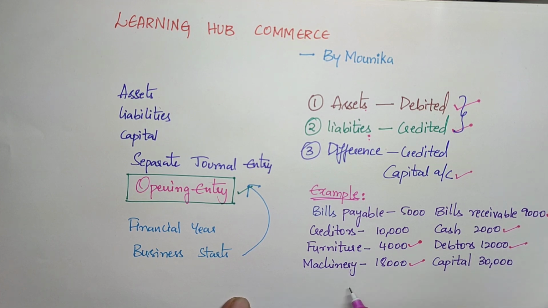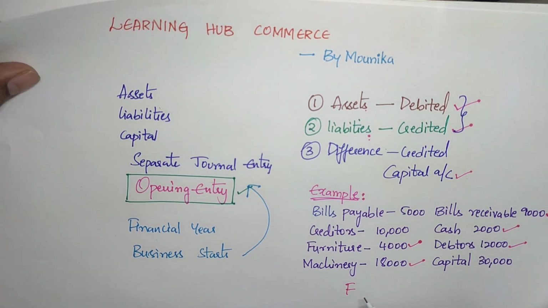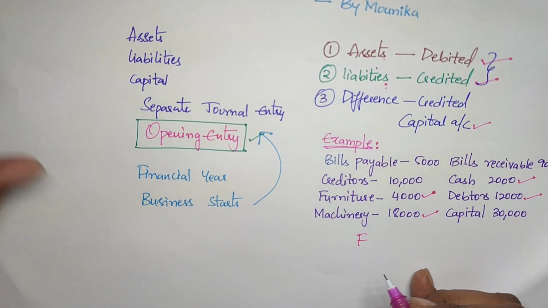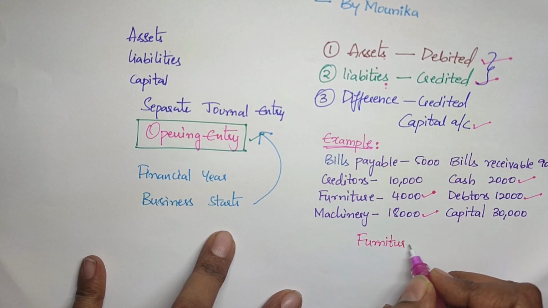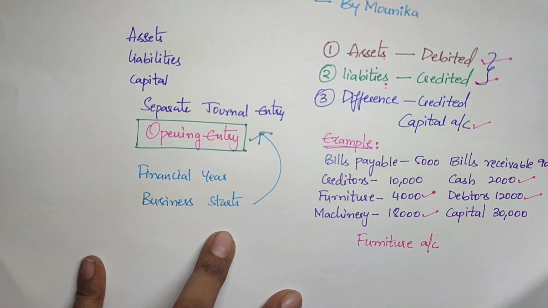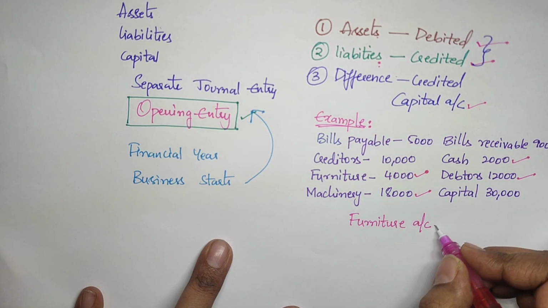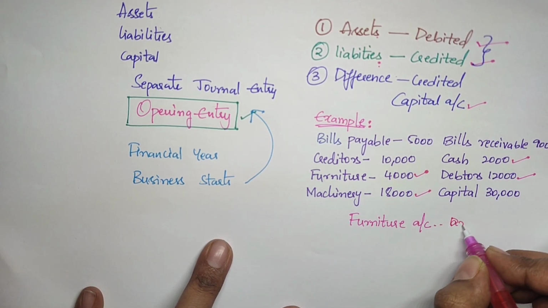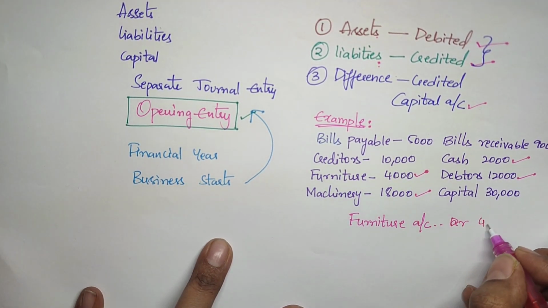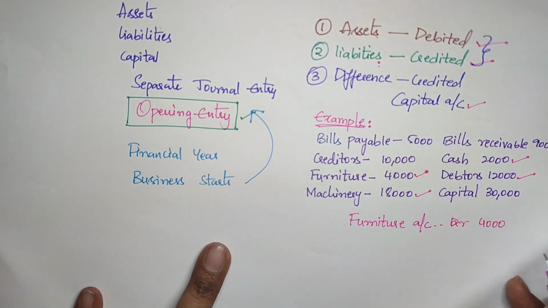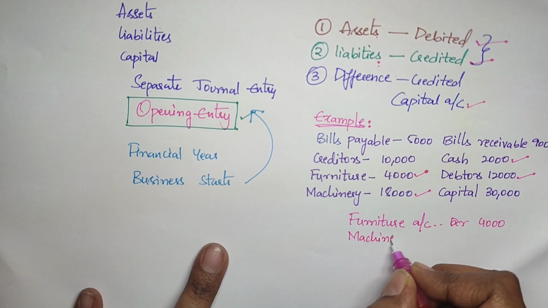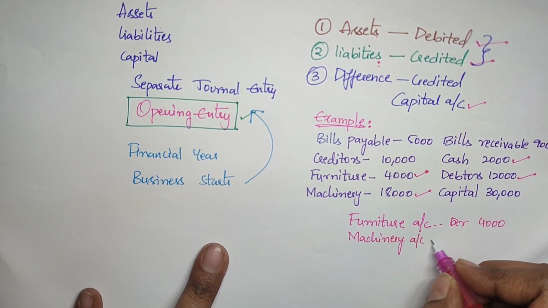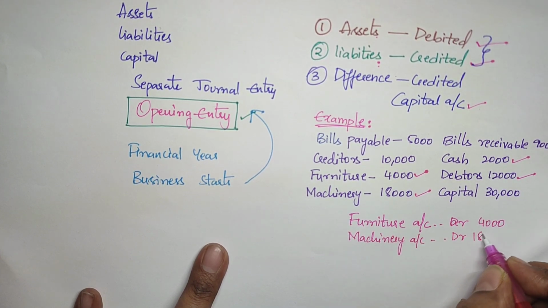First, furniture account debit 4,000 and machinery account debit 18,000.